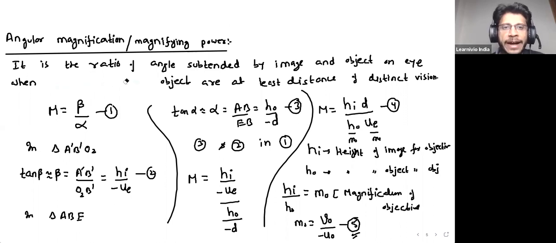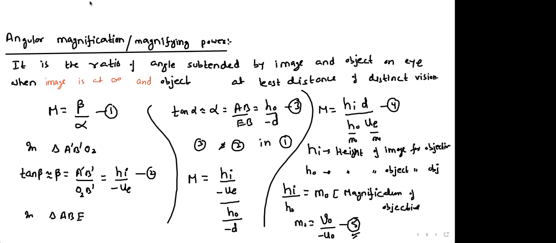Your image is not at least distance. When image is at infinity and object at least distance of distinct vision. And object is at least distance of distinct vision now. That's the difference.